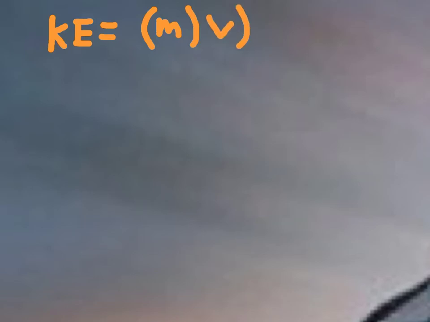We can calculate kinetic energy basically by taking the mass times the velocity and squaring the velocity, and after you do that, divide everything in half.